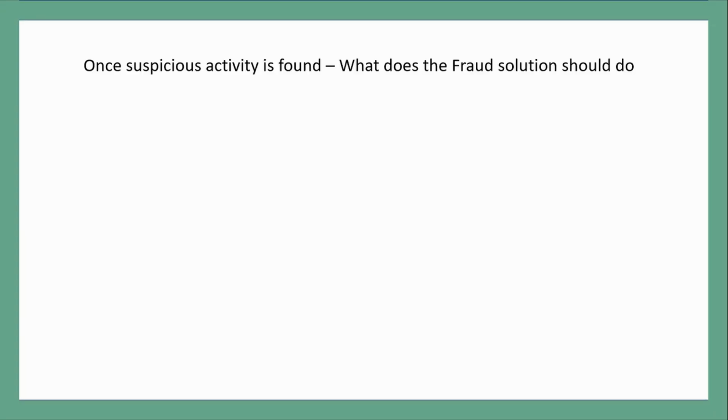Now let's look at what a fraud solution should do once a suspicious activity is found. Remember, it's a real-time payment transfer which we are detecting. One thing that can happen is, if you find the first activity to be suspicious, you send a warning message to the customer that this might be a potentially suspicious activity.